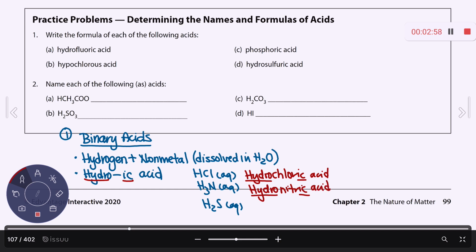For the last one, this would be hydro... Why isn't it letting me write? Maybe because I'm so far down on the screen. This would be hydrosulfuric acid.